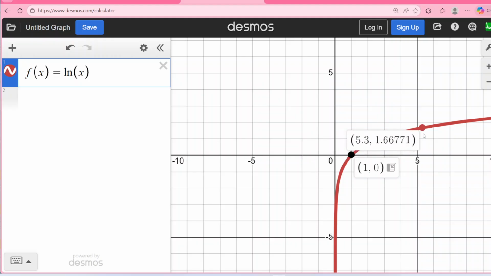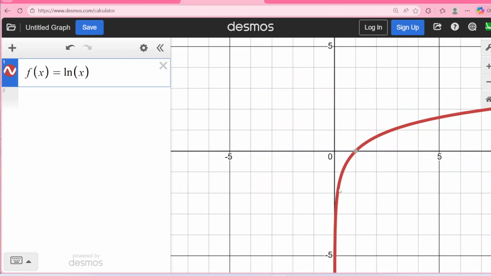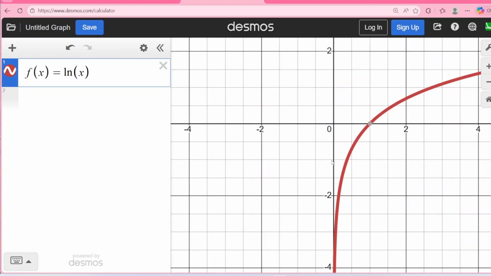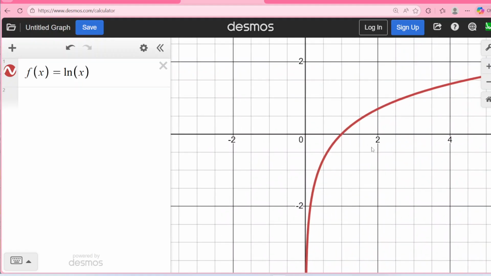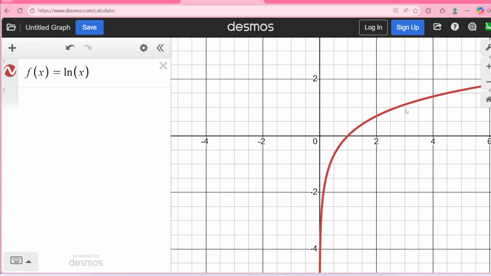Base was larger than 1, so the function was increasing as you went from left to right, and only for positive values of x, right? The y-axis here would be a vertical asymptote. The output's going to negative infinity on the right side of the y-axis as x approaches 0 from the right. All right, so there's our curve, the natural log function.